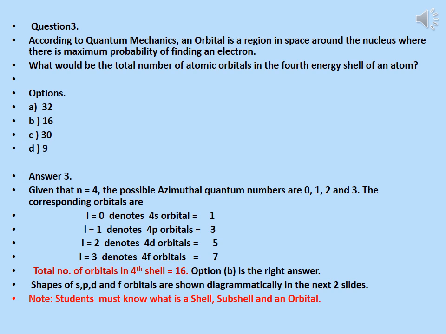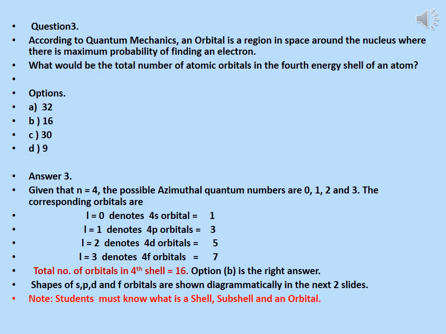Now, within the subshell, we have what are called orbitals. Orbitals denote the region in space around the nucleus where there is high probability of an electron being found. Now, what is the difference between a subshell and an orbital? A subshell does not give any information about how this spherical s orbital is oriented, distributed along the x, y, and z axis.